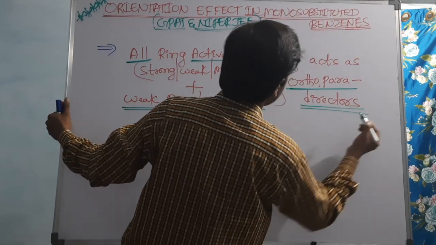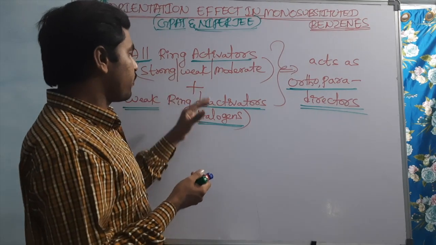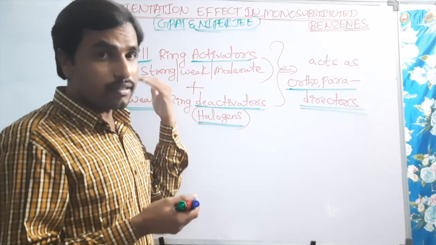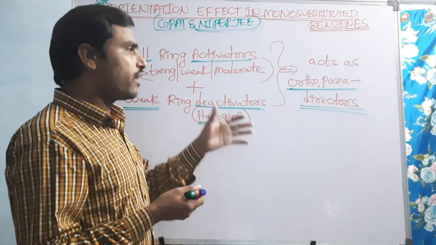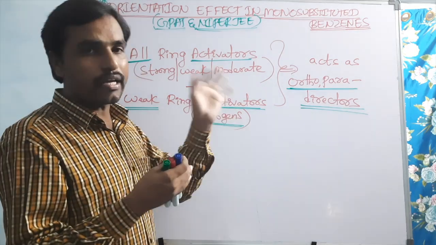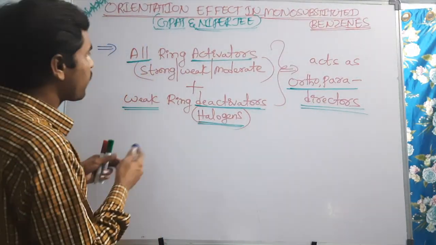If any ring activator or weak ring deactivator is already substituted on the benzene ring, then the incoming group will definitely be oriented towards the ortho or para position. Ortho or para direction.